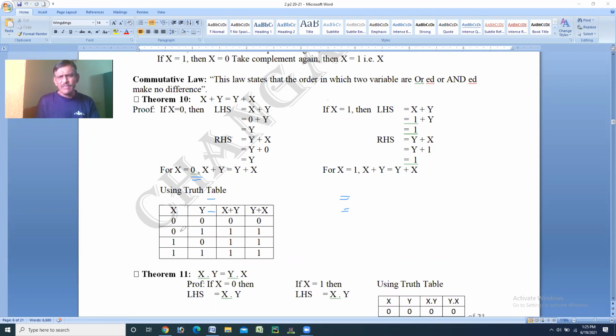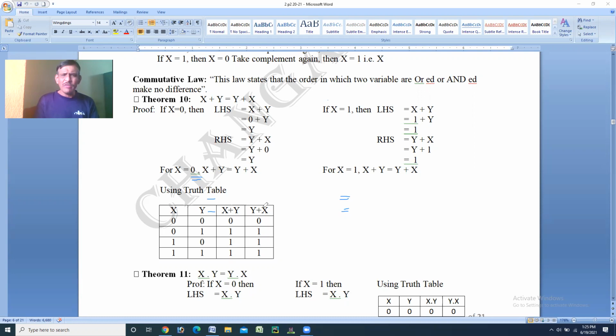X value is 0, y value is 1. So 0 plus 1 is, by our relation again, 1. The same way, 1 plus 0 is nothing but 1. X is 1, y is 0. So 1 plus 0 is 1. The last row, both are 1, 1. That is 1 plus 1 equal to 1. All this we have done by using the OR relation.